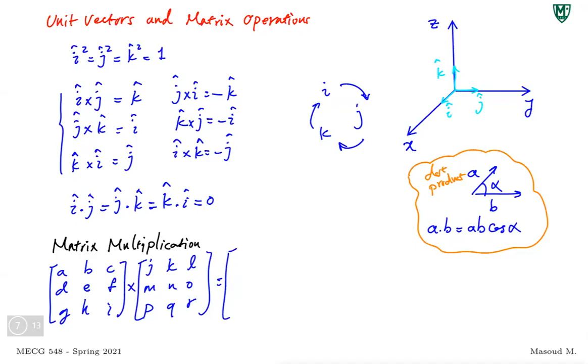First row from the first matrix multiplied by the first column of the second matrix gives us the first element. So AJ plus BM plus CP. First row of the first matrix multiplied by the second column of the second matrix gives us the element on the first row, second column. So that becomes AK plus BN plus CQ.